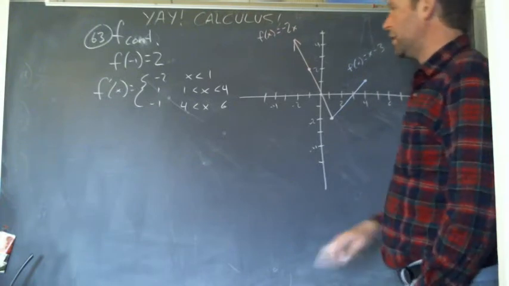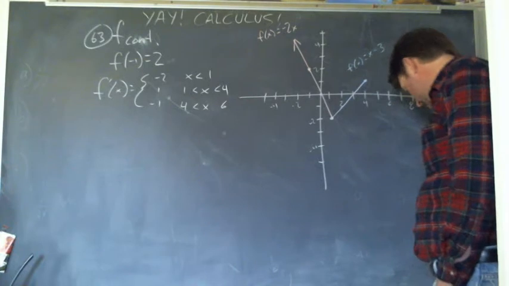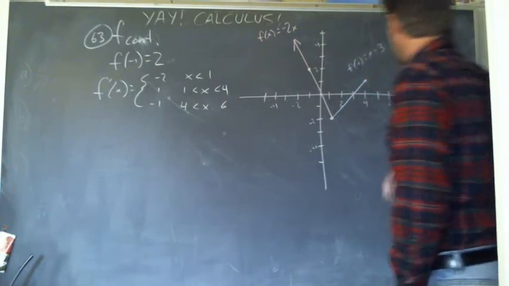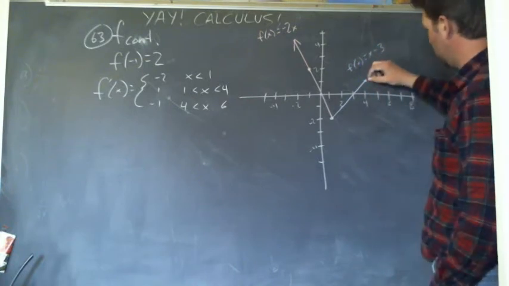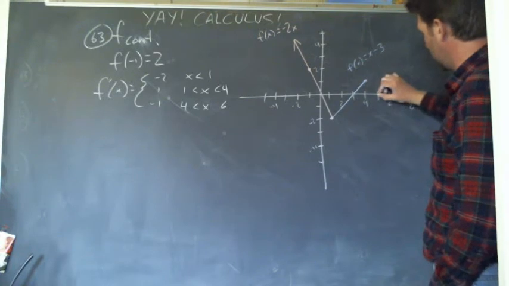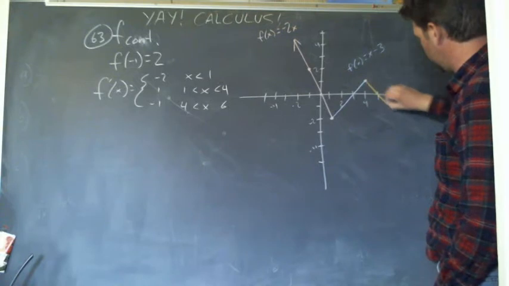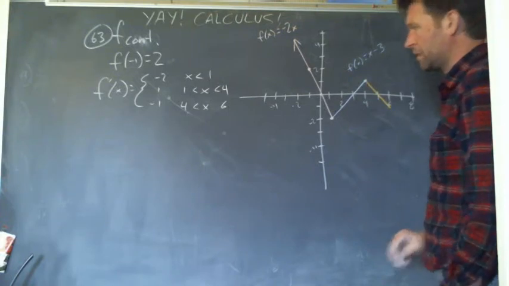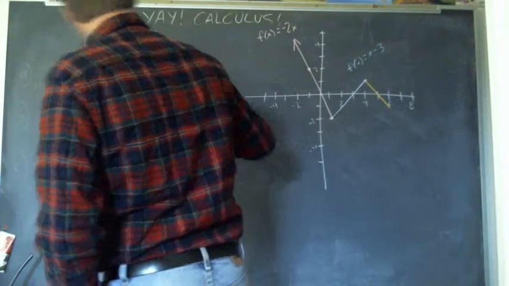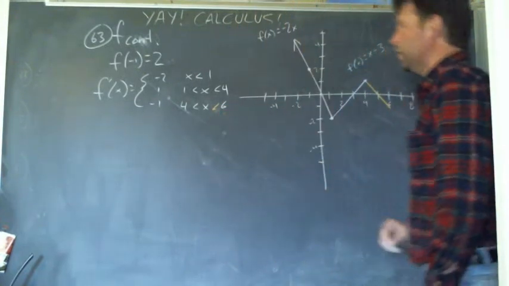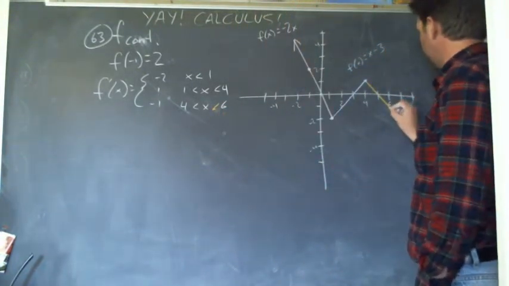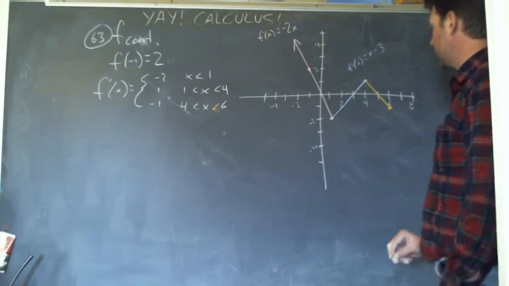That line. And then -1 from 4 to 6, so we're going down 1 over 1, down 1 over 1. From 4 to 6, equal to or less than. So that stops there. So there's our continuous curve.